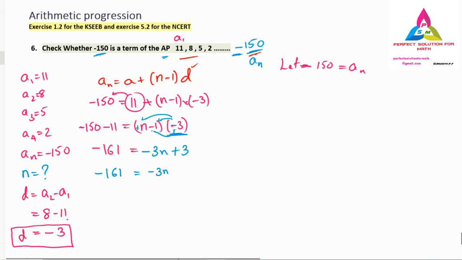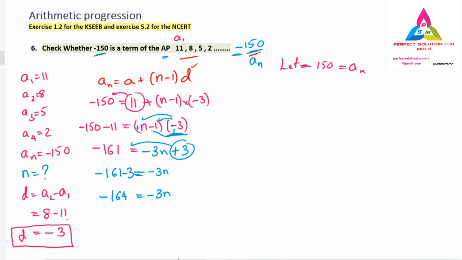So what we can shift over here is plus 3 to the other side, it will become minus. So minus 3 we can write down here. So what is that final one? Minus 161 minus 3 is nothing but both are negative, so negative symbol only. 161 and 3 we add to get 164, that is equal to minus 3n.